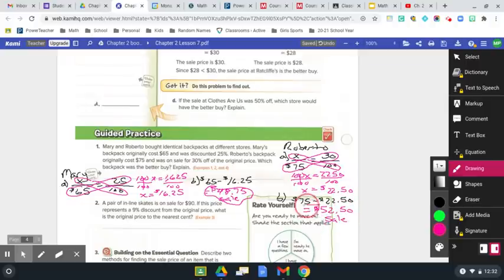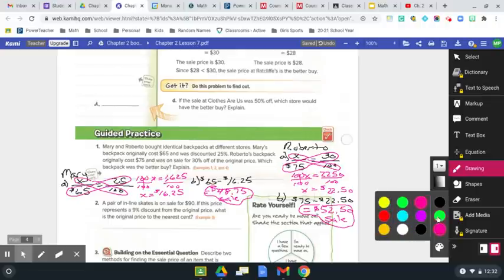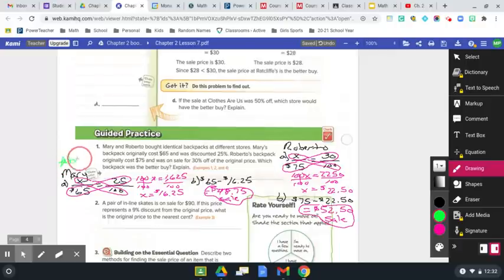And so when the question asks which backpack was the better buy, it looks like Mary's has the better buy. Mary's backpack was just a little bit cheaper than Roberto's.